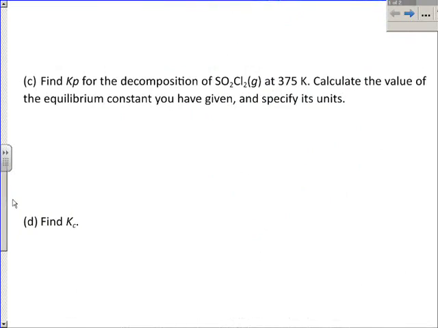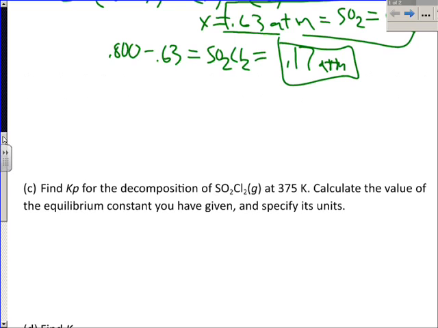Moving on to part C, it says, find the Kp for the decomposition of SO2Cl2 at 375 K and calculate the value of the equilibrium constant you have given and specify its units. So what we really need to do here is take a look at what we knew from the last problem.